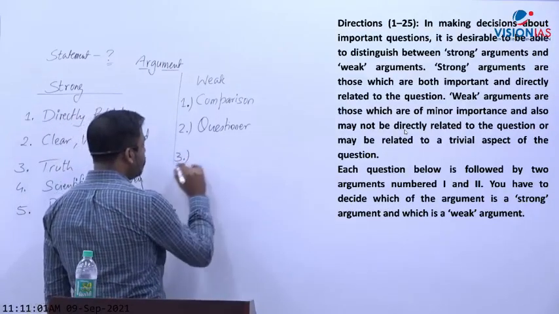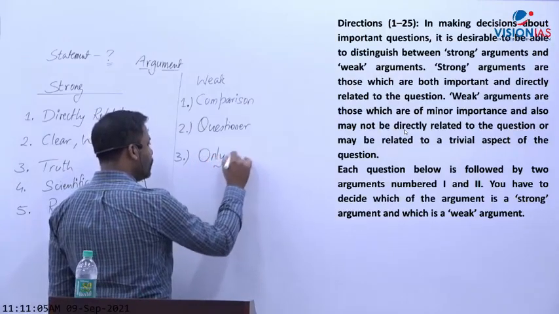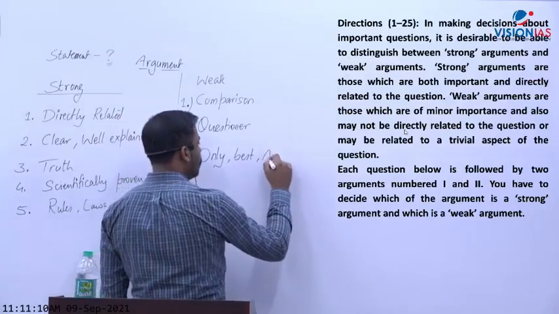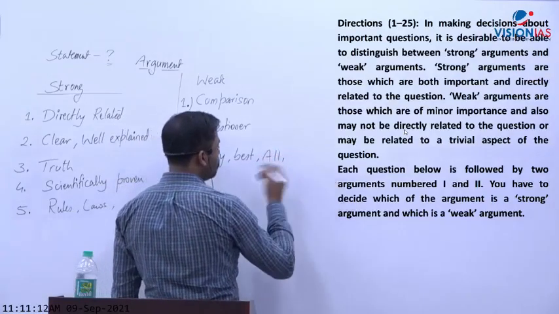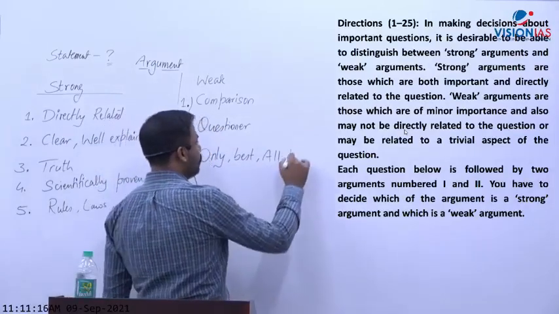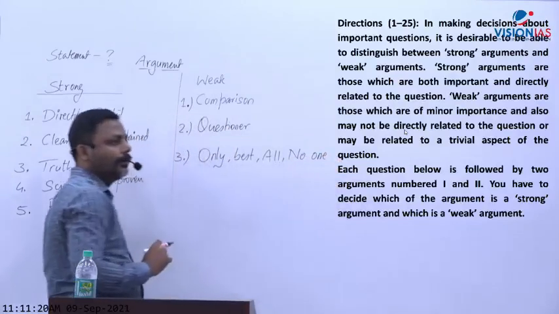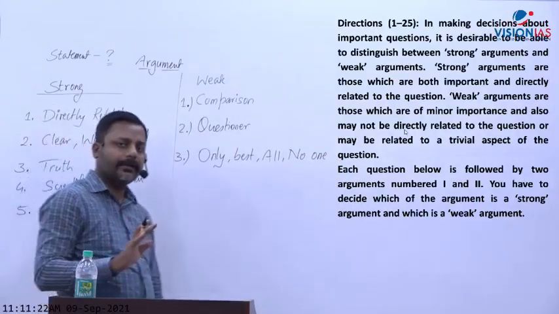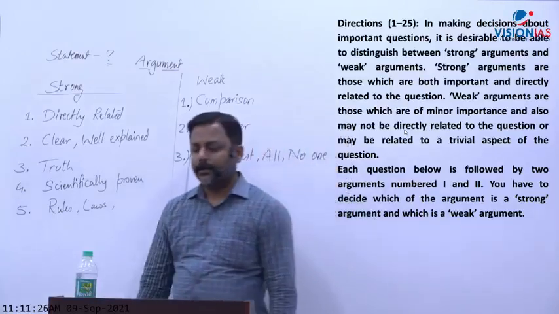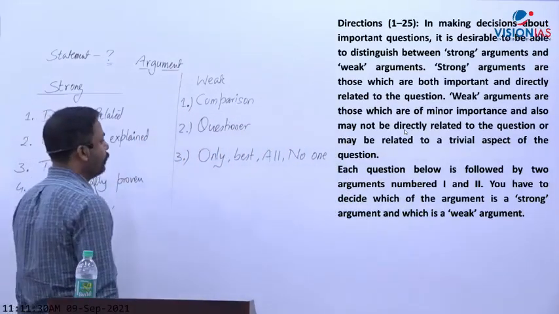If we get these kinds of words, like "this is the only way to do this," or "this is the best way," we have to remember these key terms. Whenever you get these kinds of key terms in the argument, in 99% of the cases, we will consider it a weak argument.